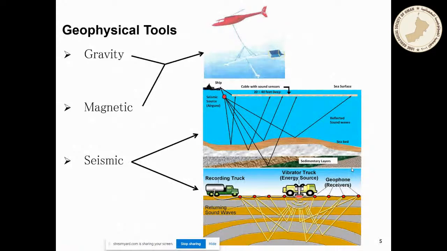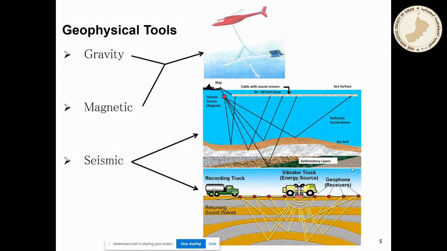So among the geophysical data that we use in petroleum to identify the petroleum system, and these are kind of old technologies, but they are still used, obviously with a huge advancement in the way they work, is gravity and magnetic, which are usually airborne.